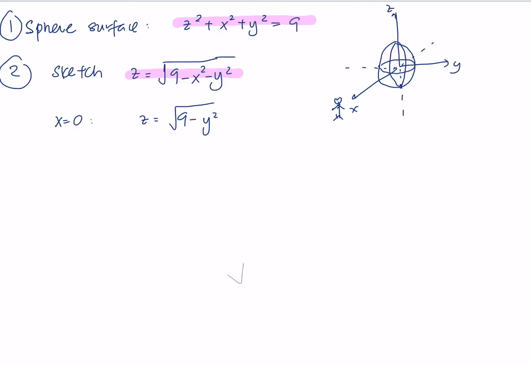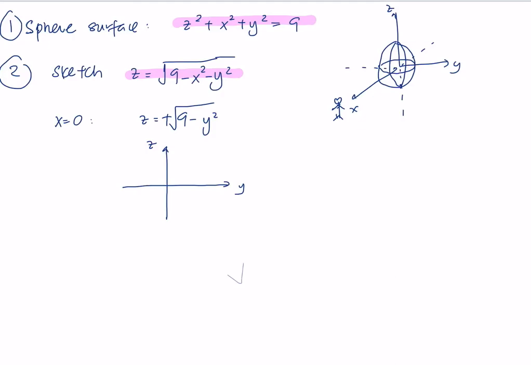Here is y, here is z, and here is positive, because we only have this value.